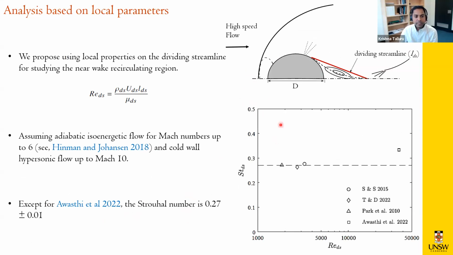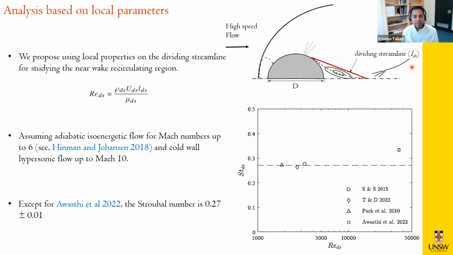We then proceeded because, in the case of Schmidt and Shepard, they used the dividing streamline as the appropriate length scale. So we haven't yet finalized what the correct length scale is. So far we proved that it should be the post-shock velocity scale that should be used for the Strouhal number definition.